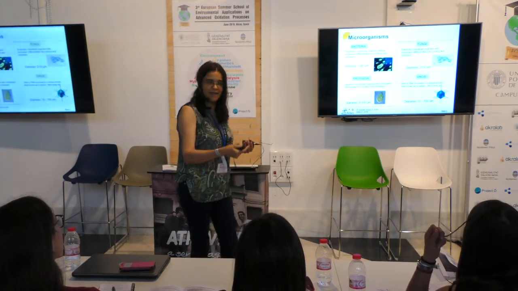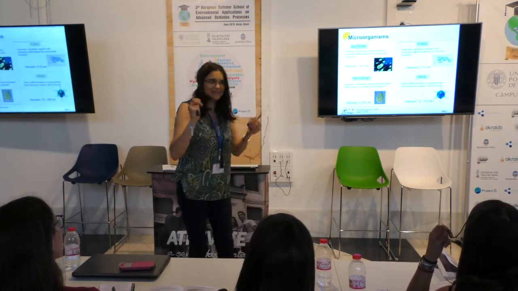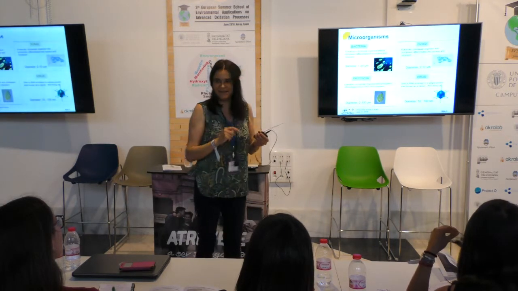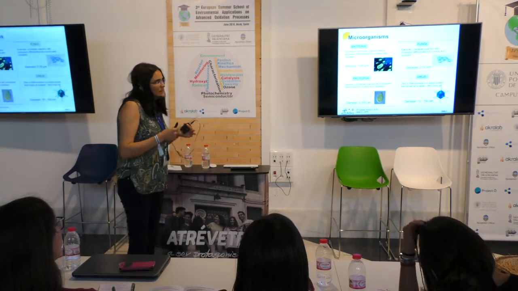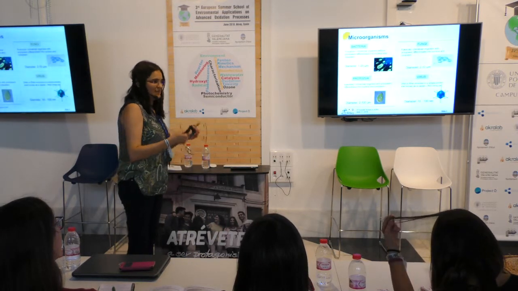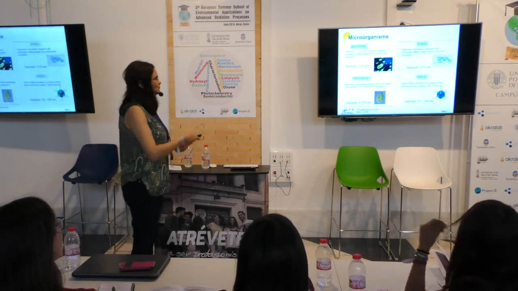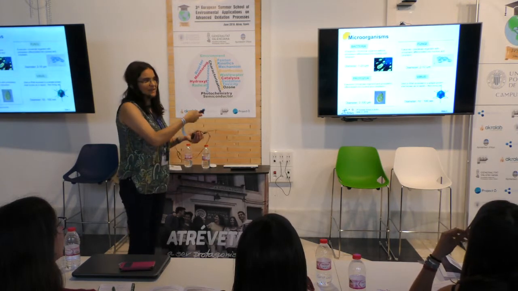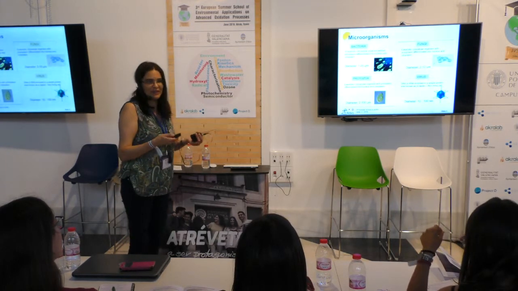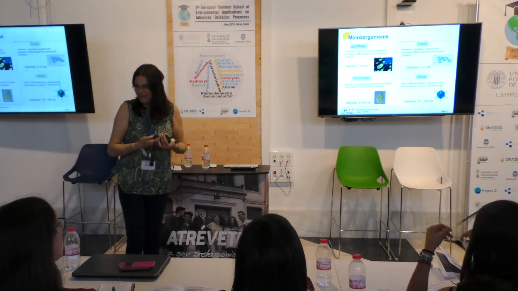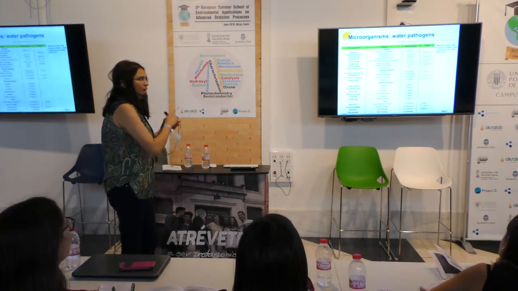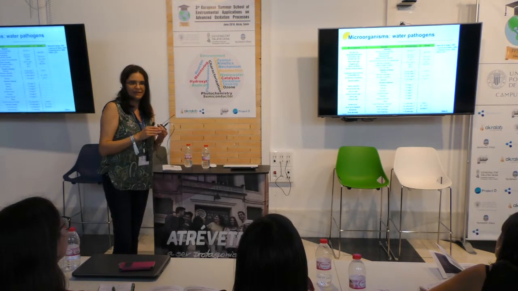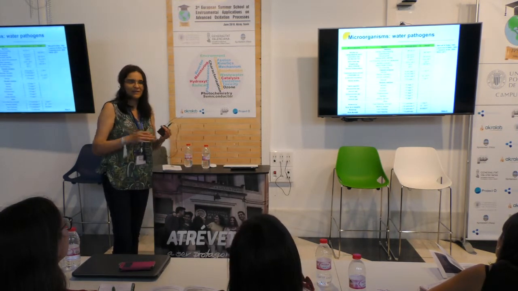They need to parasitize other cells to complete the cycle. So they don't accept these as real cells, but they are present in water, and this is quite important in generating infections.